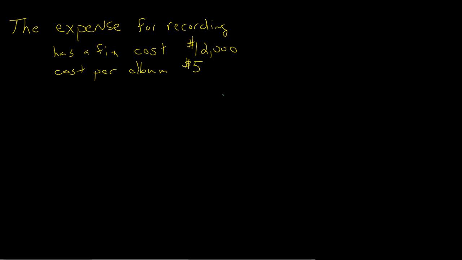Now, if we want to find the total cost of producing everything, and how much it's sold for, so the cost function, cost per album, is 5 times x plus 12,000.